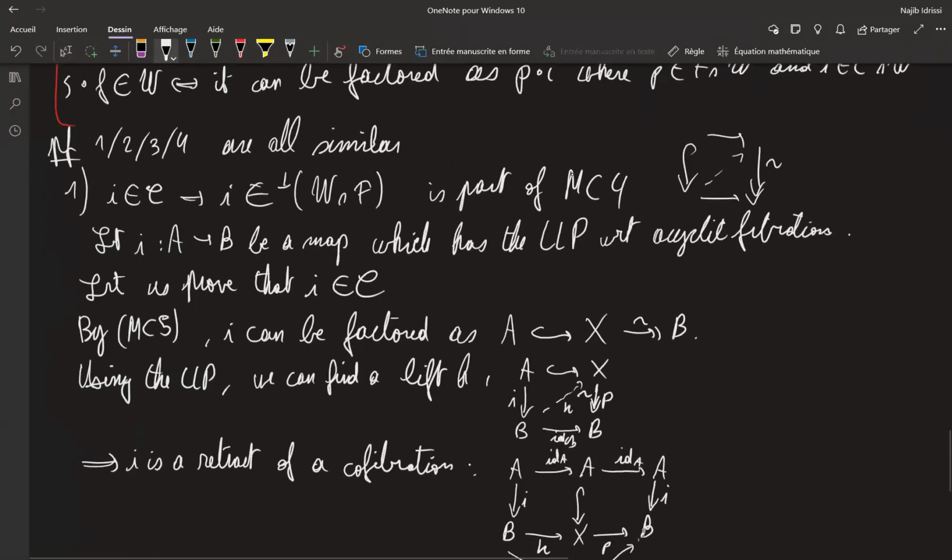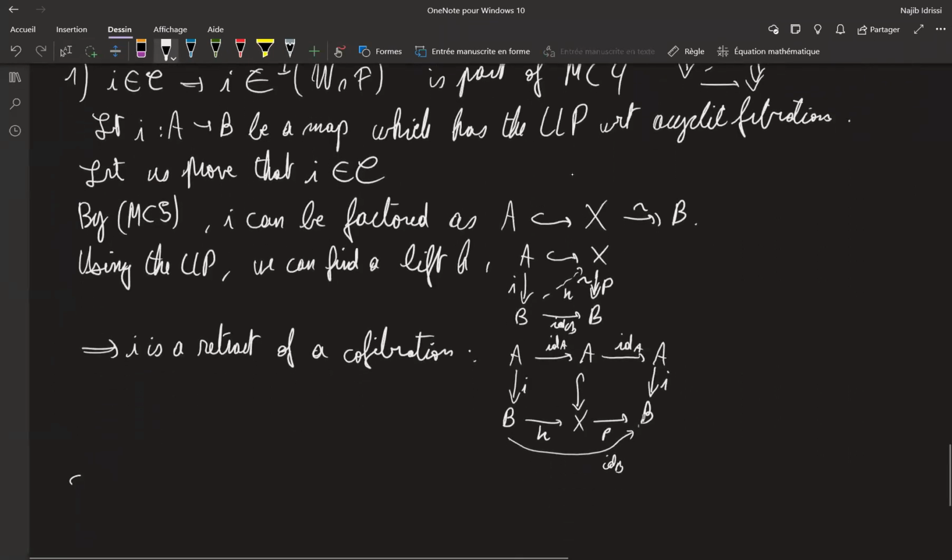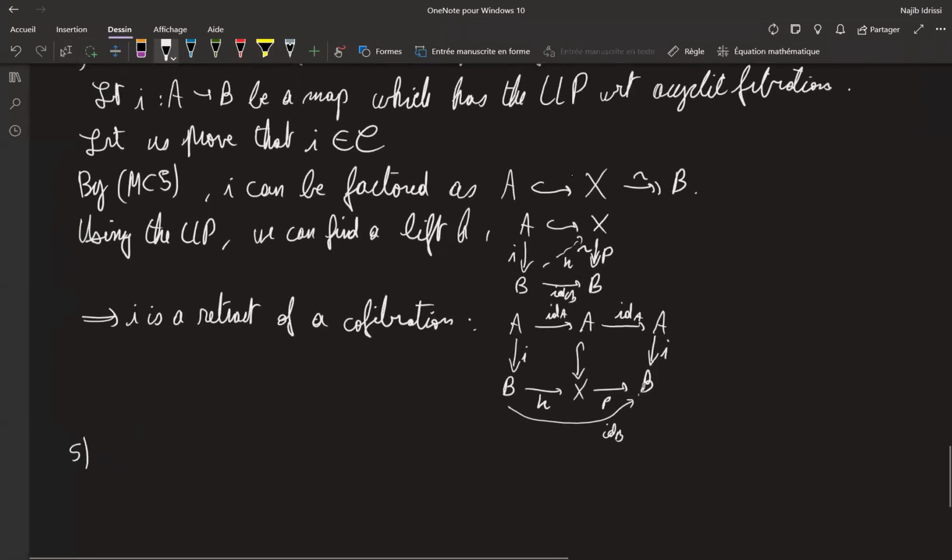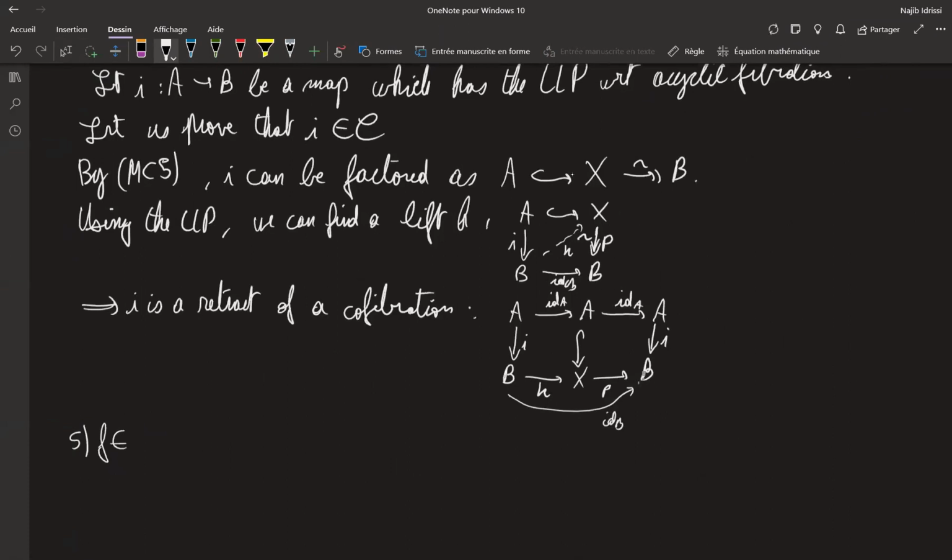So for the 5, so 5 is the following. Let me write it again. F is in W is equivalent to F equals P circle I, where P is an acyclic fibration and I is an acyclic cofibration.